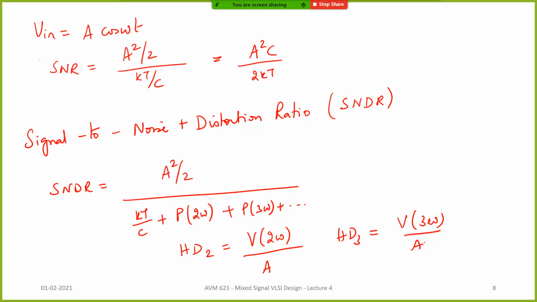If you look at plots of some of the ADCs, even in a product data sheet or in any of the ADC papers, you will definitely see a plot like this. The x-axis is frequency, and this is your output amplitude.